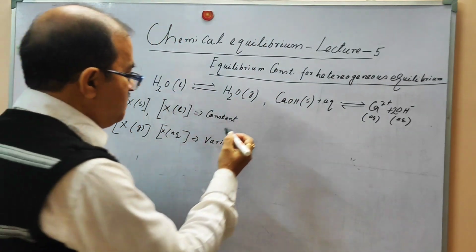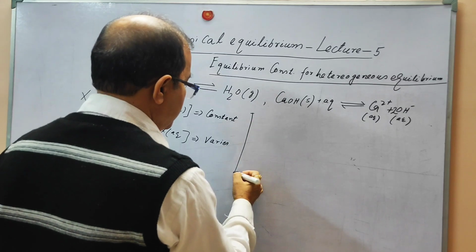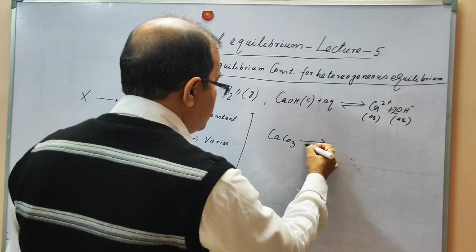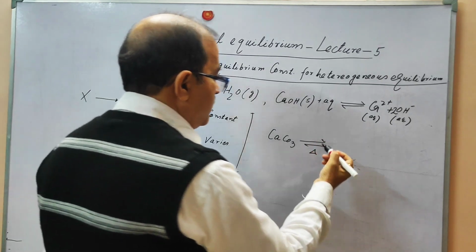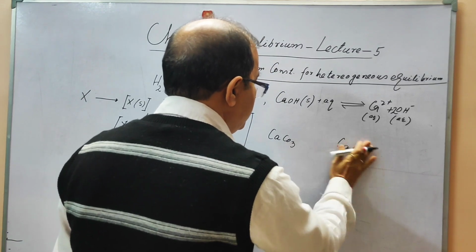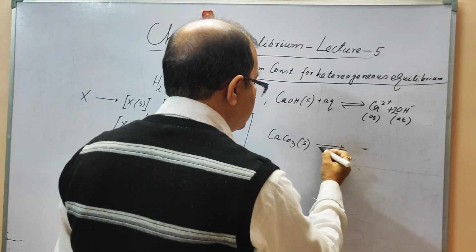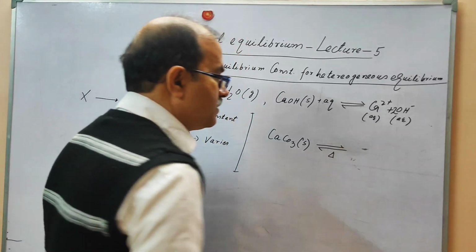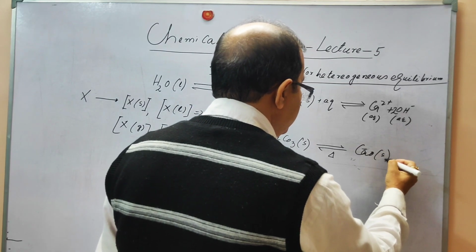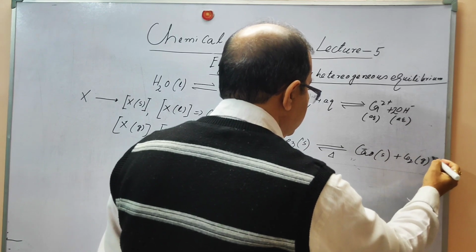Suppose we take an example of a very important heterogeneous equilibrium reaction, the decomposition of calcium carbonate. Calcium carbonate in the solid state, on thermal decomposition, produces calcium oxide in the solid state and carbon dioxide in the gaseous state.